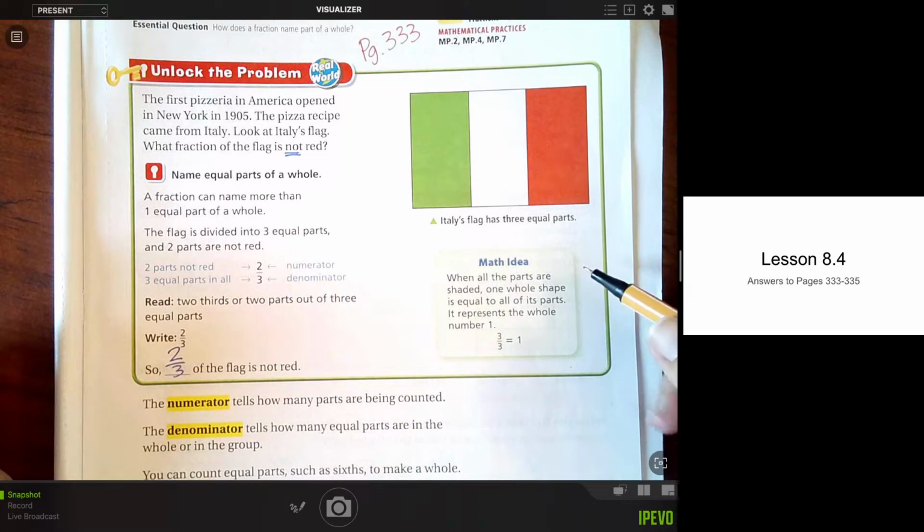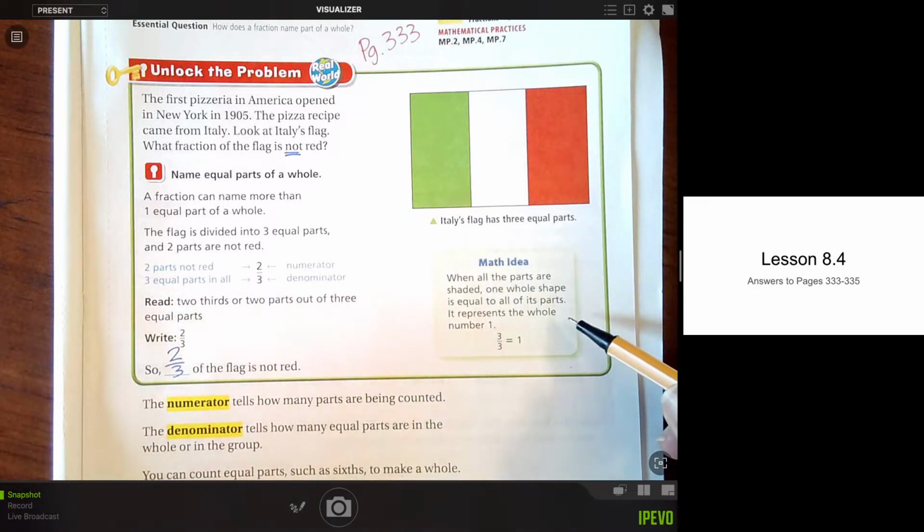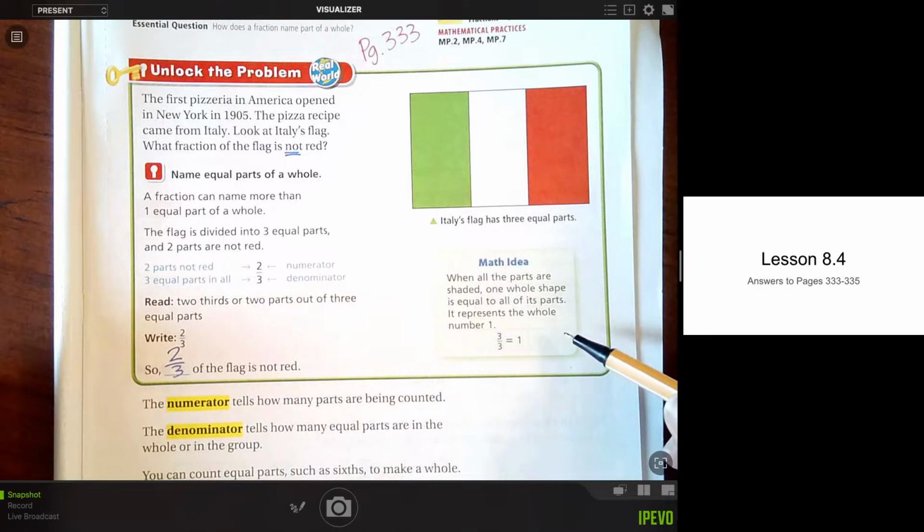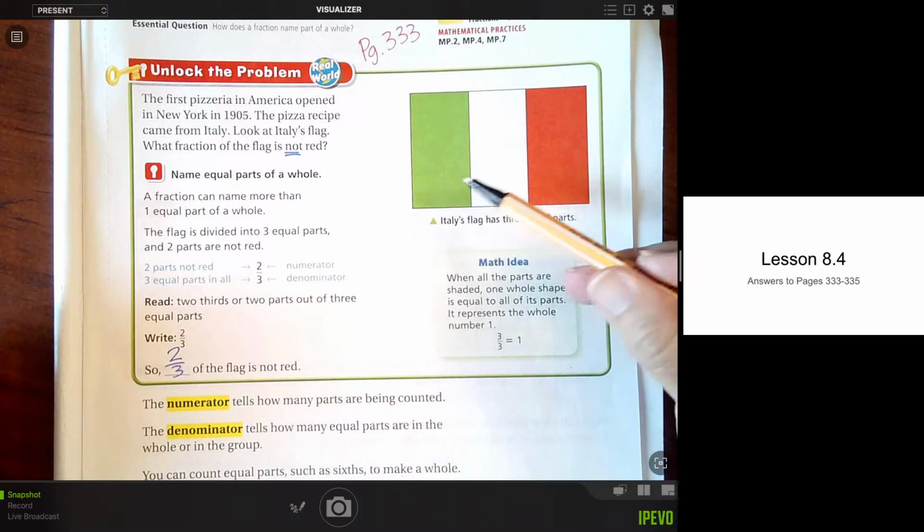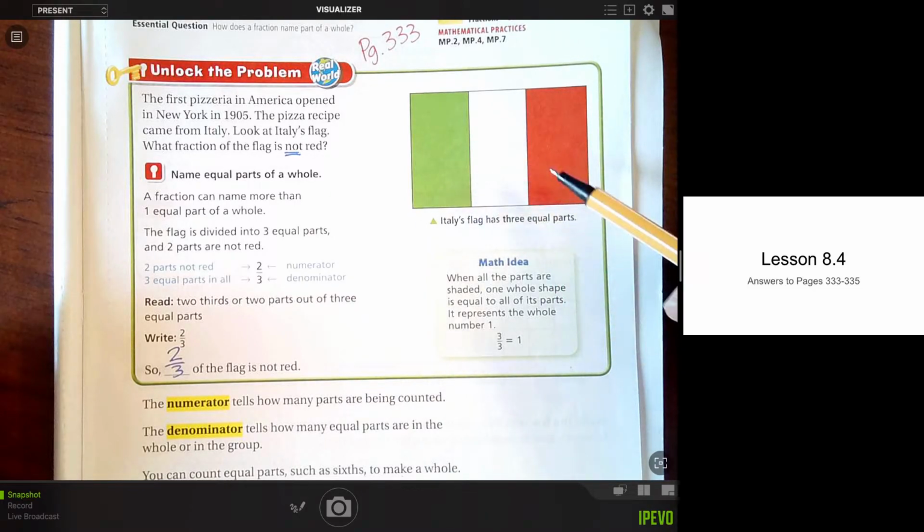Now here's a math idea. When all the parts are shaded, one whole shape is equal to all of its parts. It represents the whole number 1. If we were saying how many parts are red, white, or green on the Italian flag, we would say 3/3. 3 out of the 3 parts are red, white, or green.